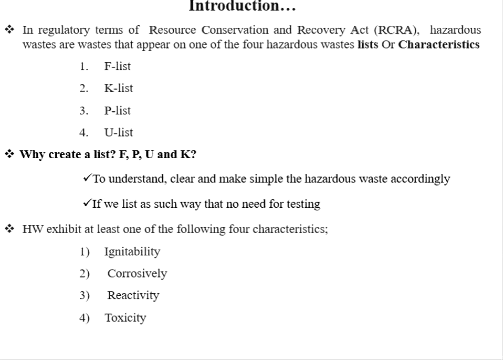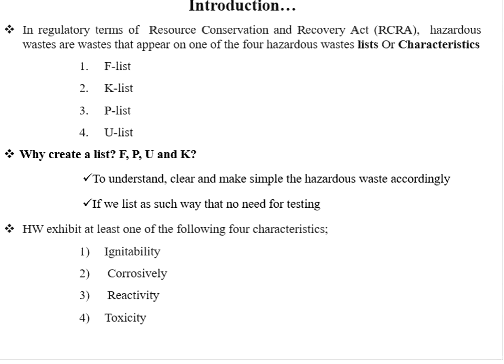In regulatory terms, under the Resource Conservation and Recovery Act, abbreviated as RCRA, hazardous wastes appear on one of four waste lists or characteristics. These include the F list, K list, P list, and U list.